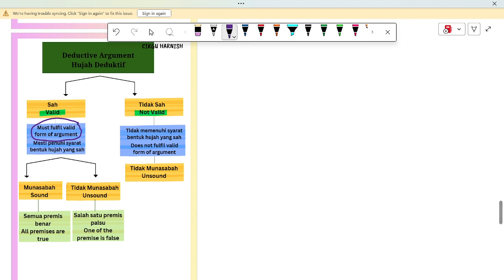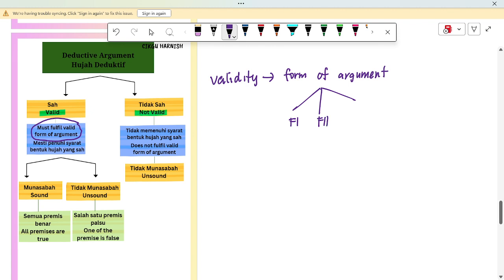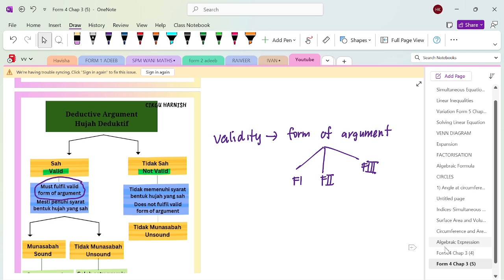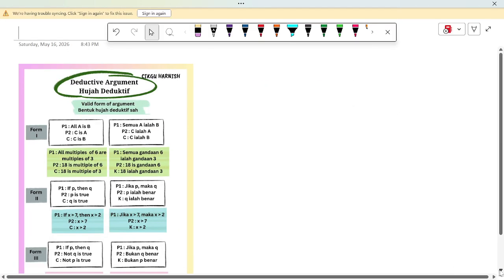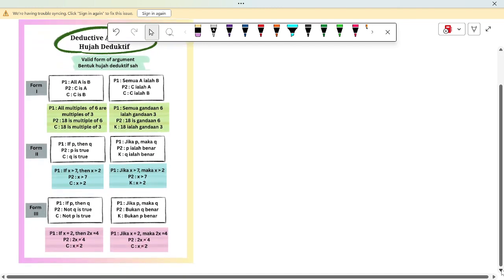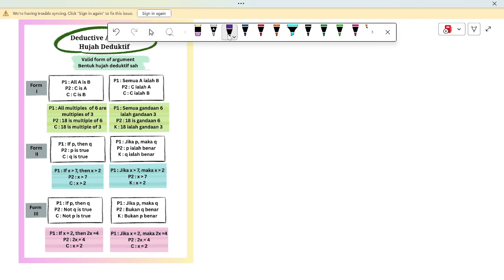Your validity depends on the form of argument, which is divided into three forms: form 1, form 2, and form 3. Let me directly show you all. Here we have all three forms of deductive argument. If your arguments fulfill any one of these forms, that means it is valid.